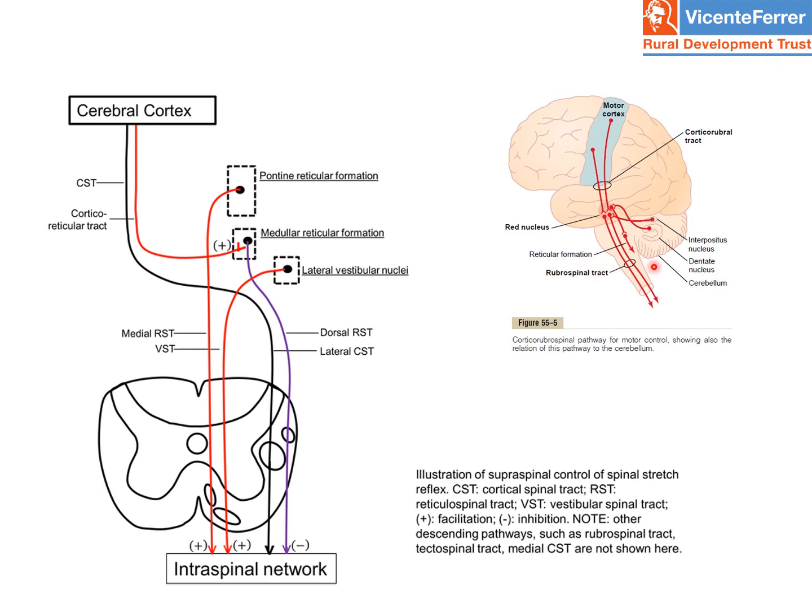In this image we can see the rubrospinal tracts, which will also have a higher level control from the motor cortex, which is nothing but the corticorubral tracts.